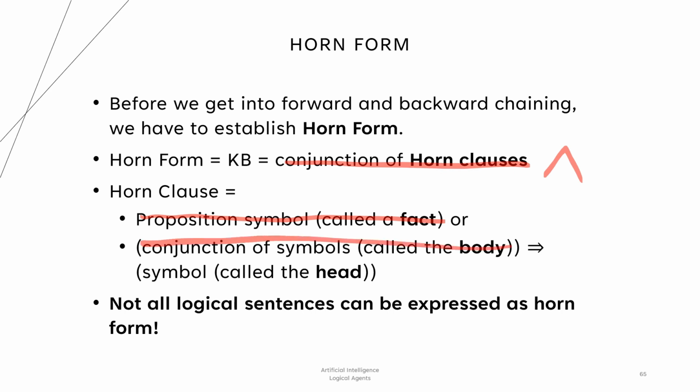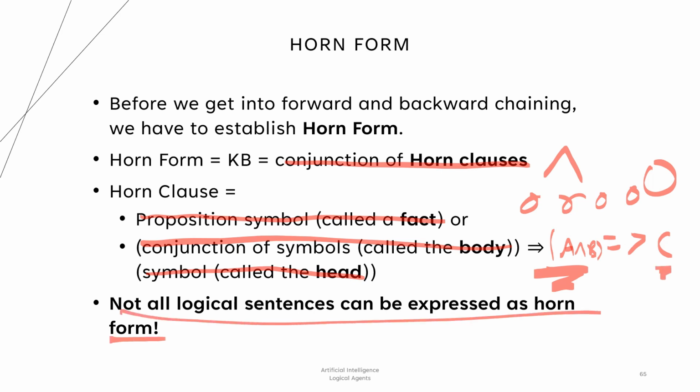You could have any number of symbols here, A and B, a conjunction, implying the head C. I like to think of it as a caterpillar with the body because you can have as many symbols as you want here, but there's only one symbol in the head. And not all logical sentences can be expressed in Horn form.